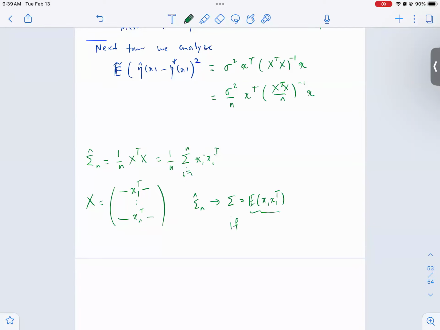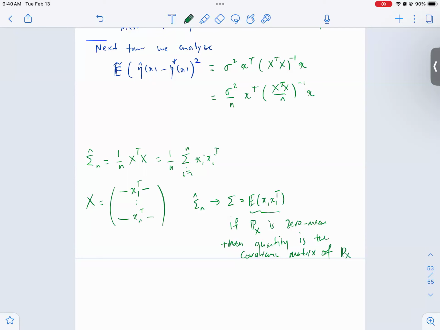Let's say P of x, the marginal distribution of x, is zero mean. Then this quantity is the covariance matrix of the distribution P of x.